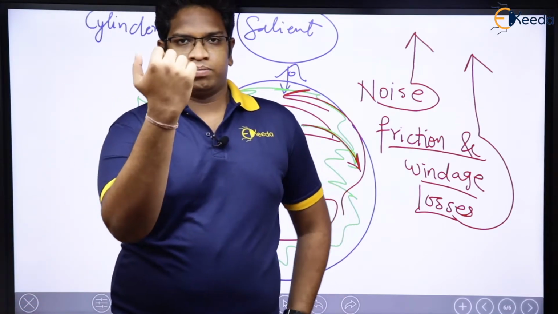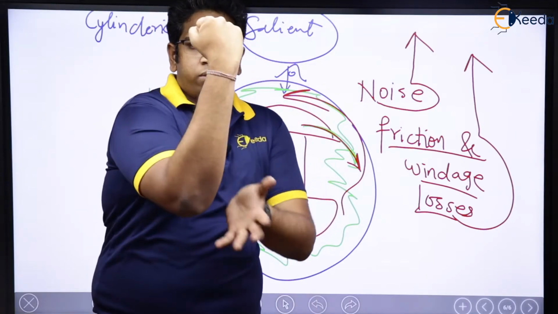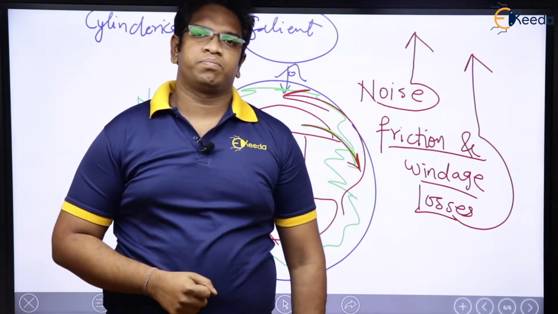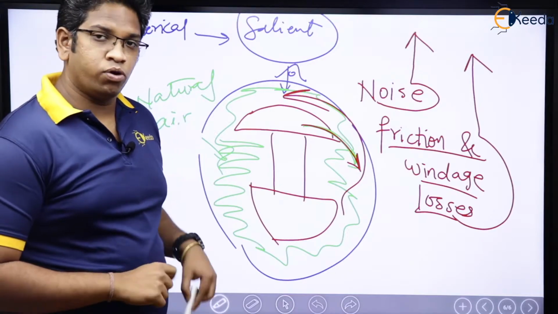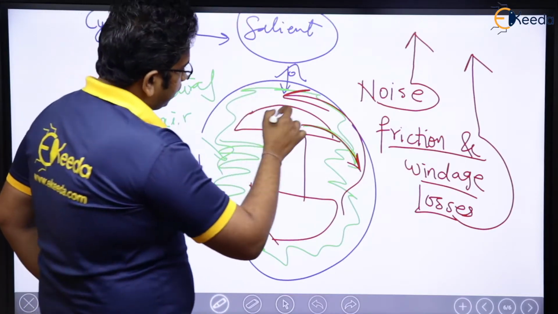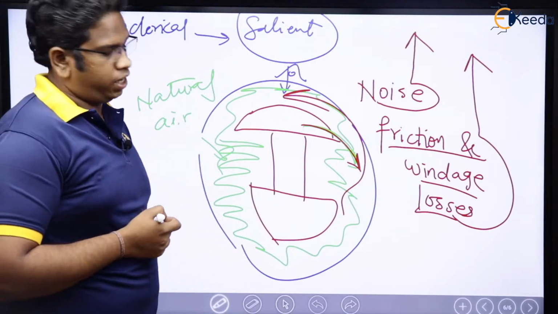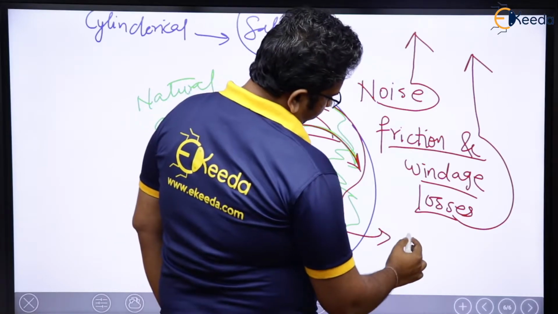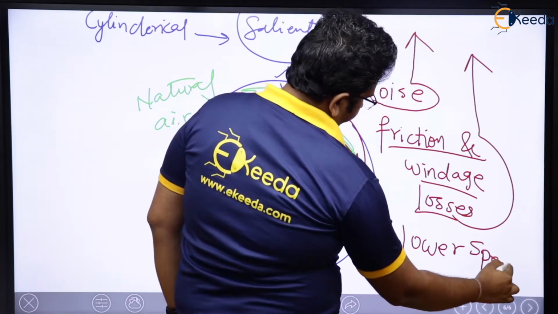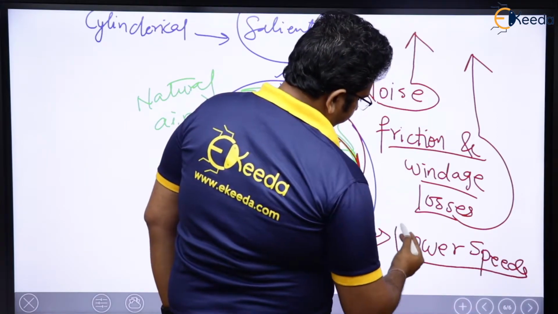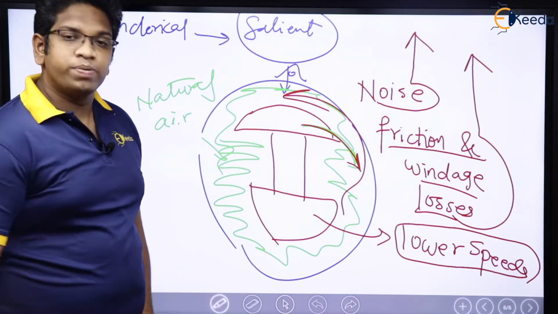This is the salient pole, and there is air here. If I want to rotate this one, this whole air has to travel here, right? So noise will be more and friction and windage losses will be more, which means the salient pole cannot be operated at higher speeds. The salient rotor is operated at lower speeds only.